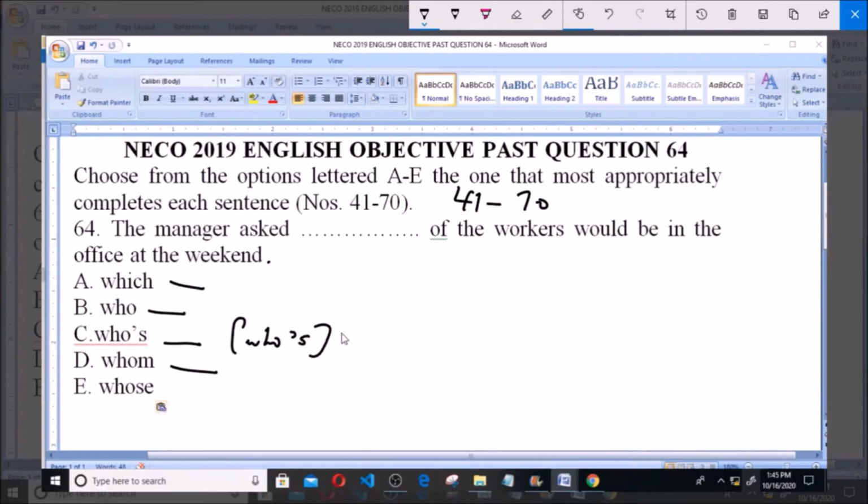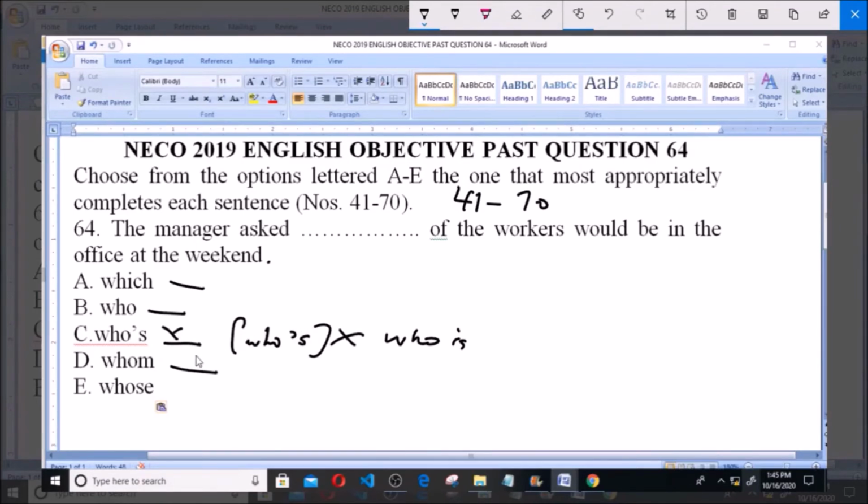First and foremost, whose is not an English expression, and in a special situation we can refer to it as a contraction, that is shortening of an English word or phrase. Maybe for instance, who is, then you contract it, then you now have this apostrophe. That is what can happen in special situations.